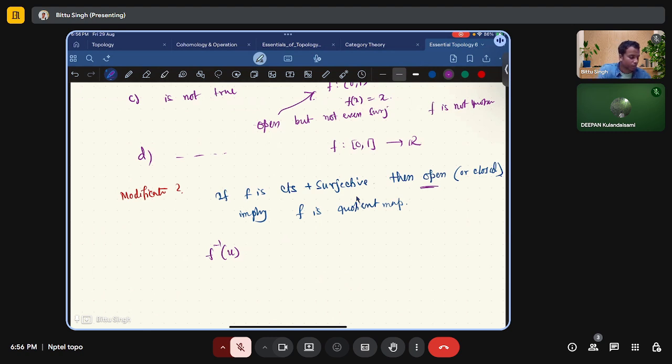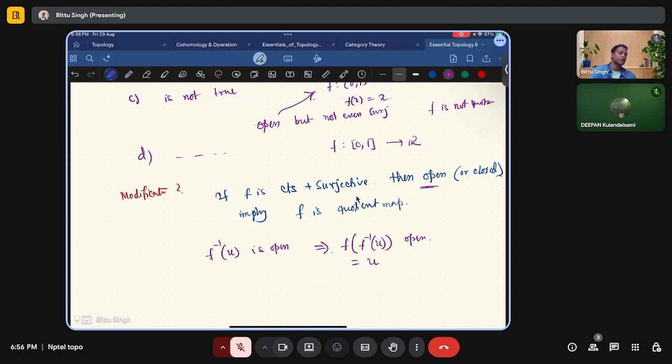Let me write it this way. Suppose F inverse of U is open. Since F is an open map, F of F inverse of U is open. But F of F inverse of U is nothing but U, because F is surjective.